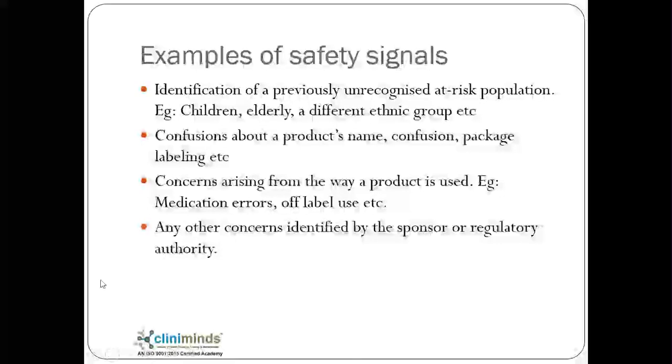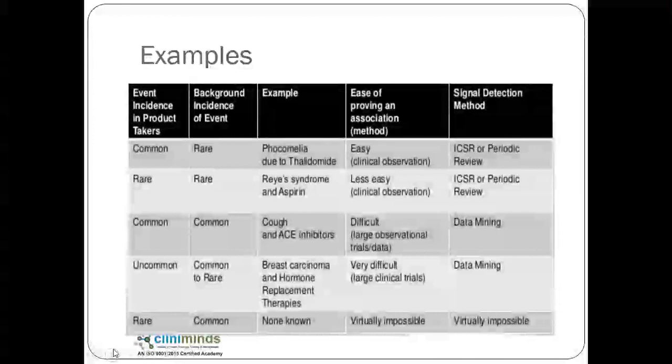Also concerns arising from the way a product is used, which could be medication error, device use, or off-label use, or any other concern identified by the sponsor or a regulatory authority. This is not a complete list, it's endless. These are just common examples of what a safety signal can be. Next slide, please.